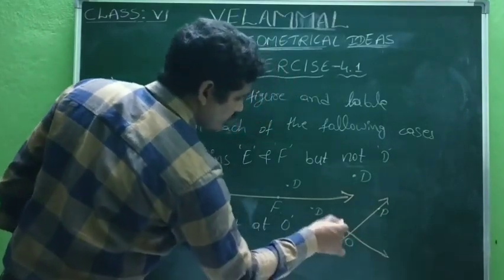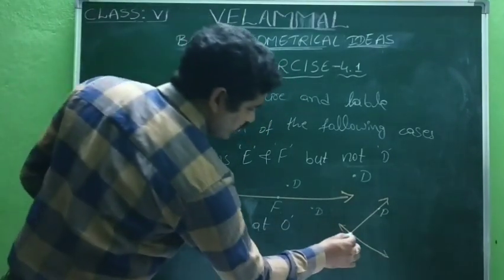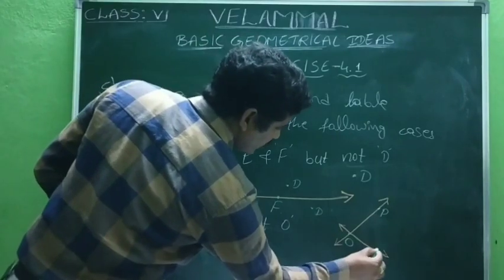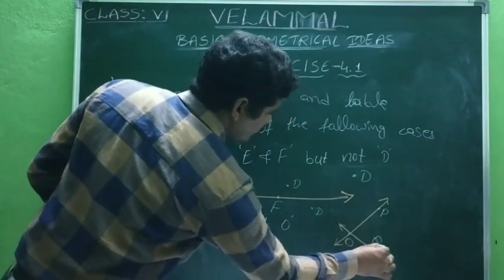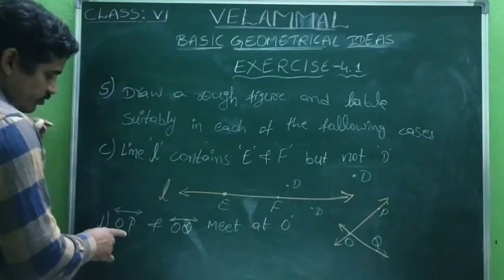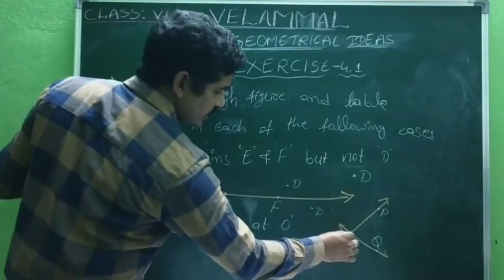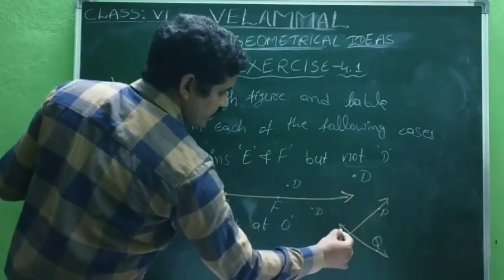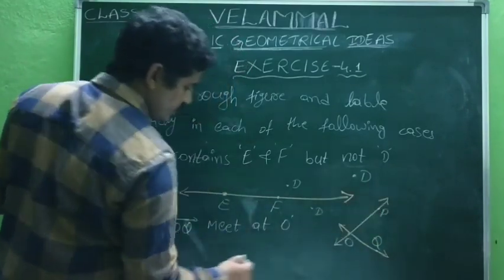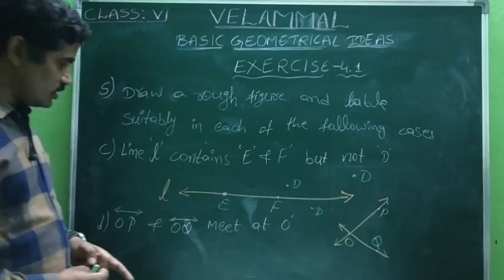In this direction, the point O is already there, and I am writing this as Q. Now we can say OP and OQ meet at point O. So O is the meeting point of line OP and line OQ. This is about question number 5.